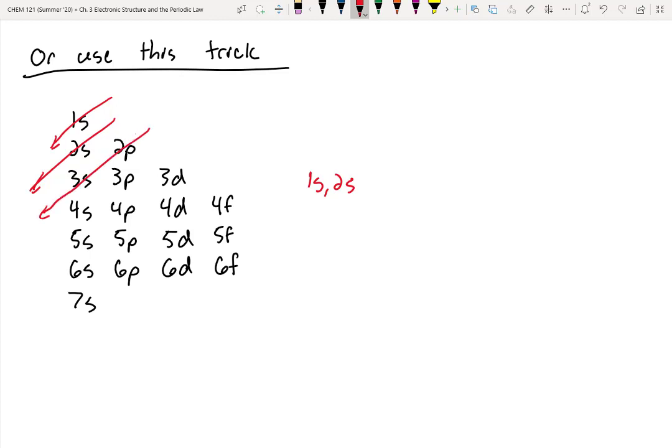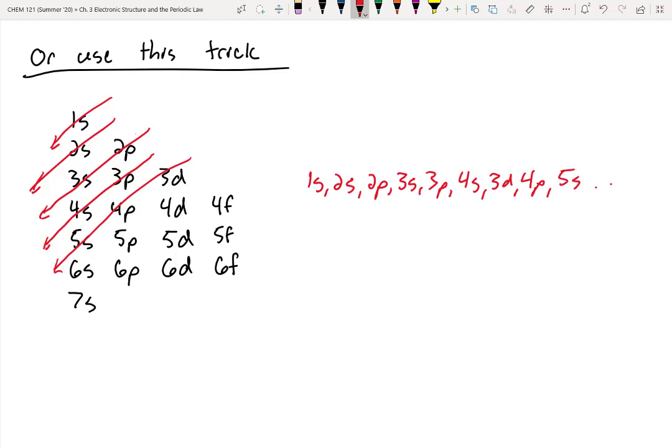We went through 2p, followed by 3s. And then we go to 3p and 4s. And then next we go through here, which would be 3d, 4p, 5s, and so on. We can continue going through our diagonal lines this way.